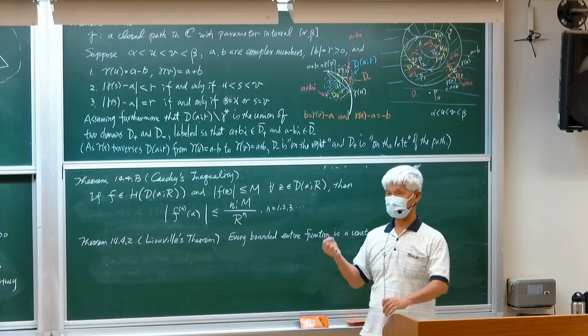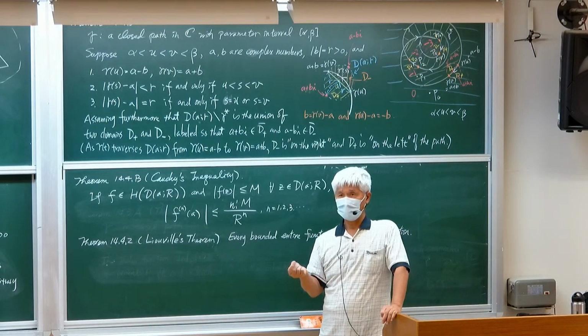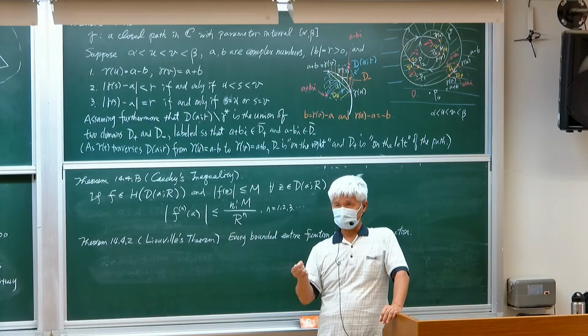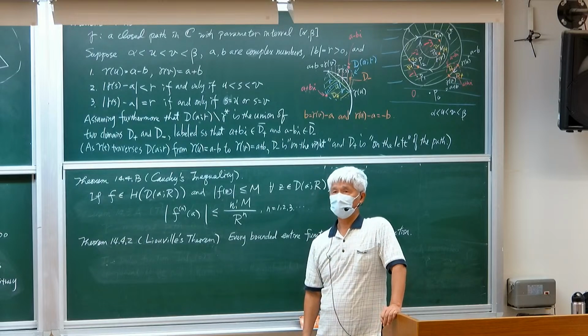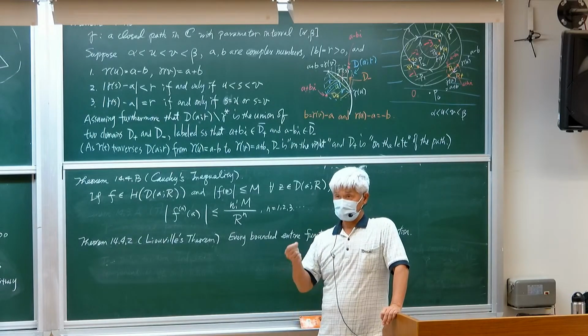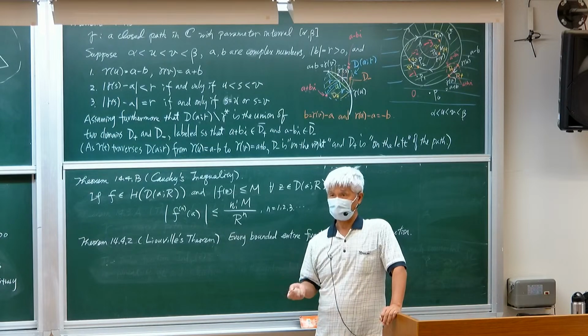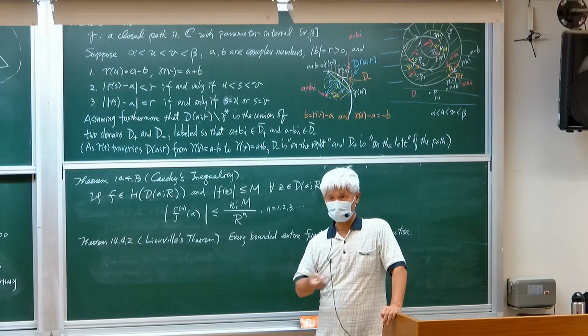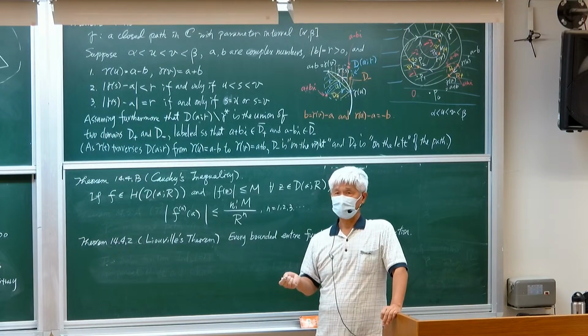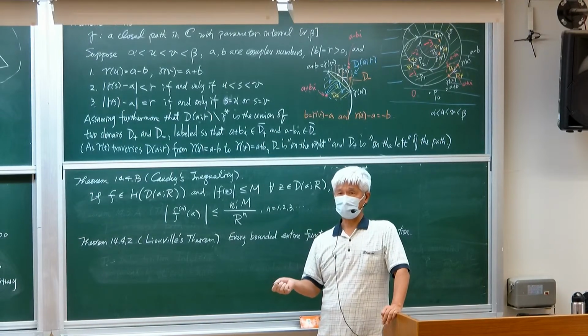For example, the exponential function is an entire function. The others are the sine function or cosine function. They are also entire functions, right? And hyperbolic cosine, hyperbolic sine, they are all entire functions. But logarithm is not an entire function.